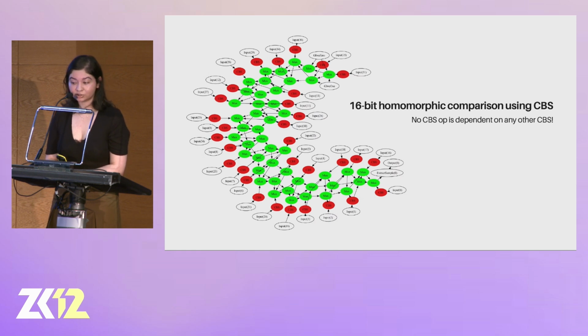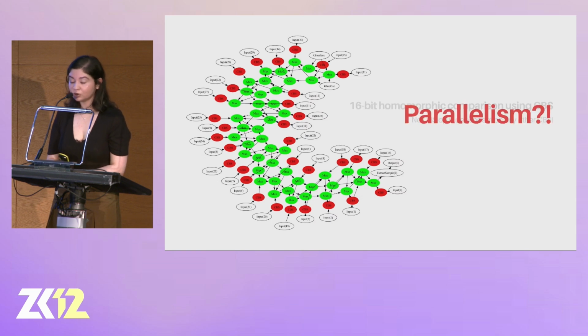You get a very different looking graph, and while this graph looks incredibly ugly, the important thing to note are the red nodes where we're using circuit bootstrapping. And you'll notice that there are no dependencies between those red nodes. No circuit bootstrapping operation is dependent on any other circuit bootstrapping operation. Why does that matter? Well, it means in theory this program can be parallelized a lot better than the previous one with programmable bootstrapping.